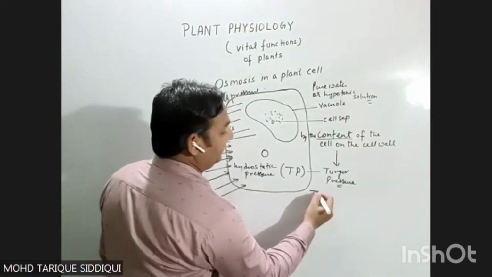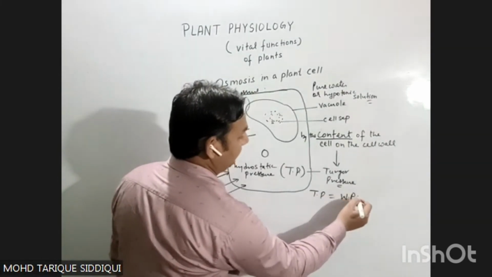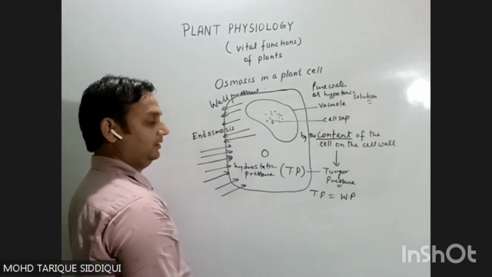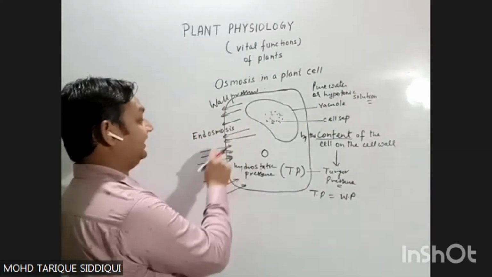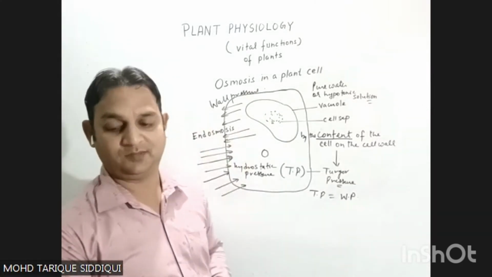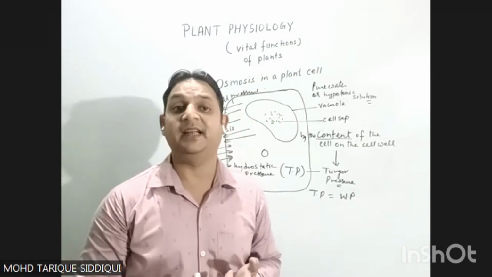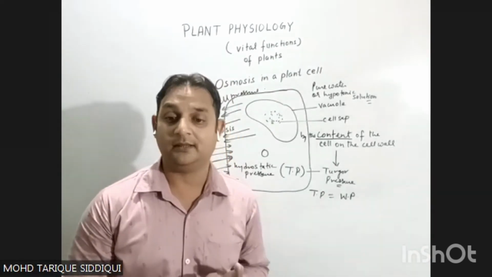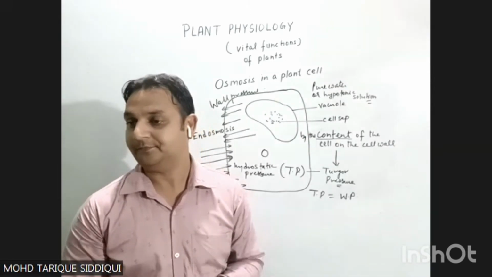So the turgor pressure is equal to wall pressure, equal in magnitude but opposite in direction. You can write that the turgor pressure and the wall pressure are in opposite direction but equal in magnitude.